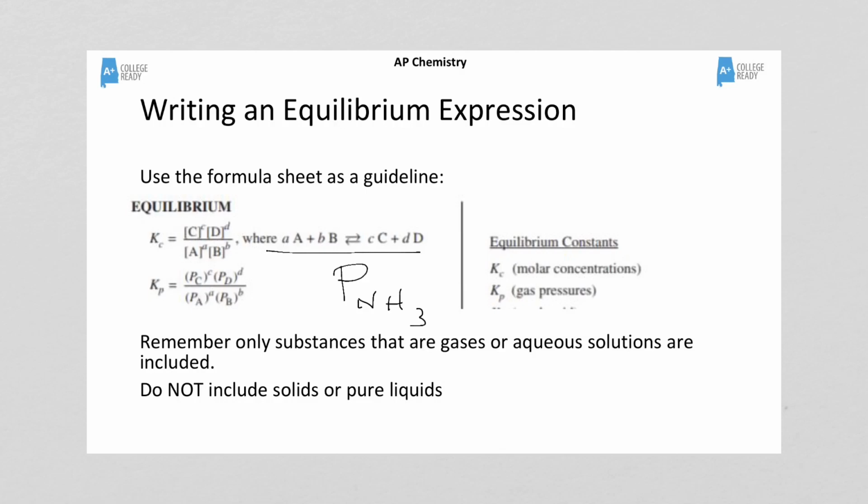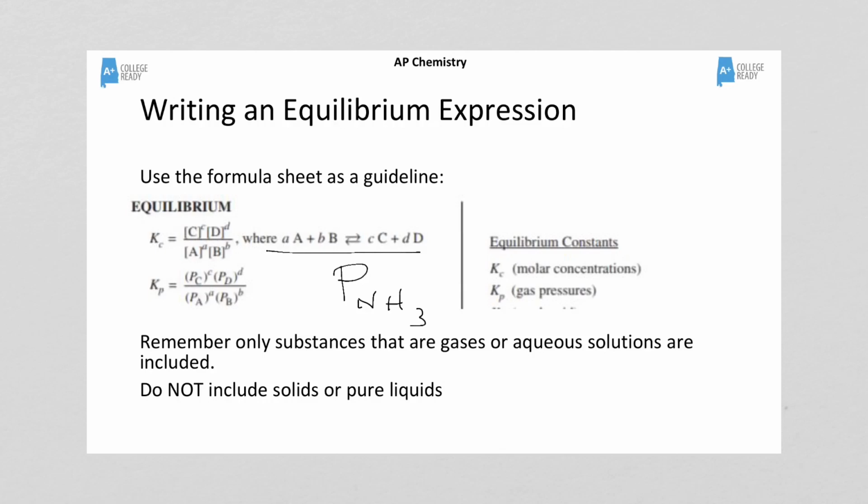The parentheses are nice to keep up with your information, especially if you have a lot of exponents. However, you cannot put brackets with pressures. Brackets only refer to molarities. If you tried to mix these two together, that wouldn't work. If this was on a free response, it would be 1 point, so it has to be exactly correct.